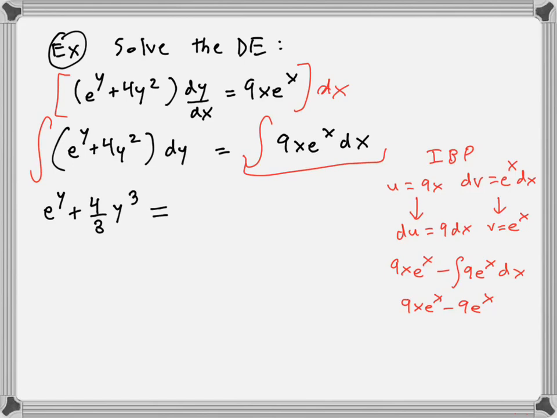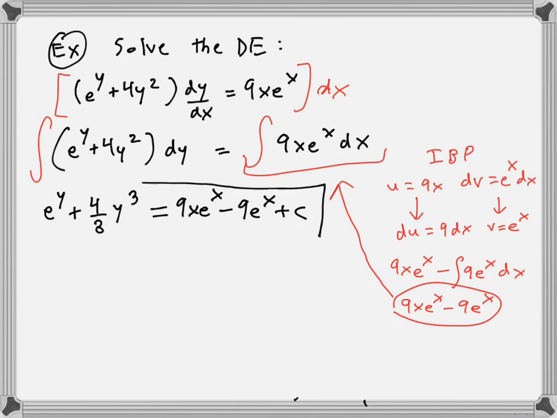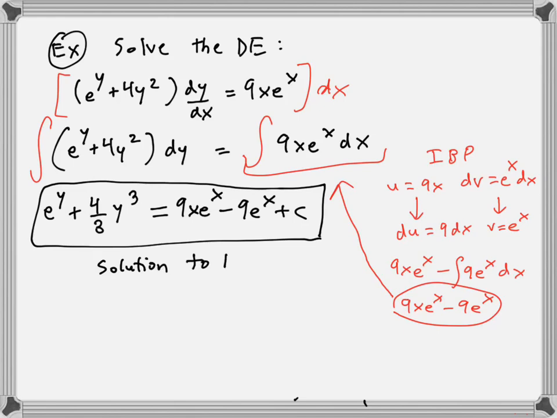And so my answer is 9x e to the x minus 9e to the x plus c. This is my solution to the differential equation. Let me make this look a little better because it didn't really look like a 3. There you go.